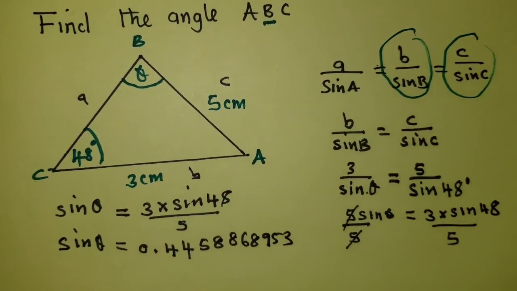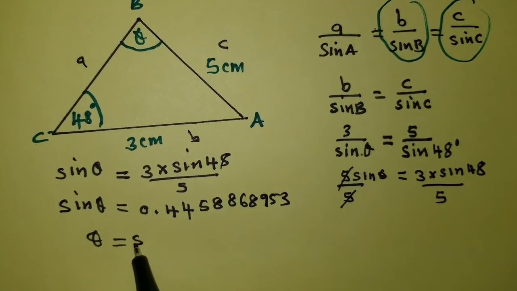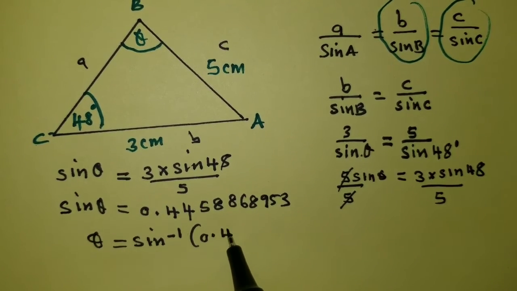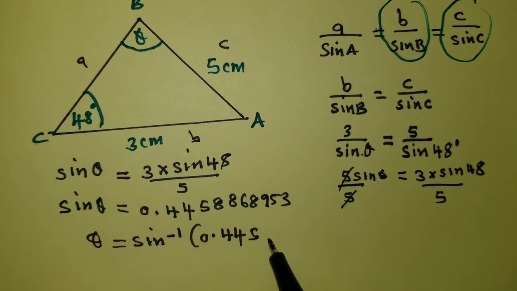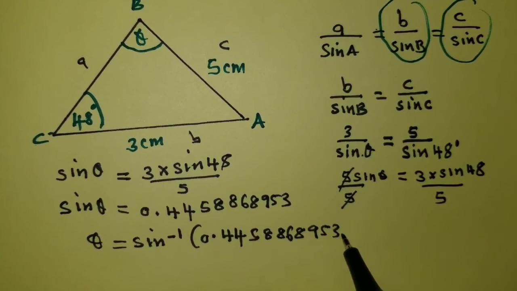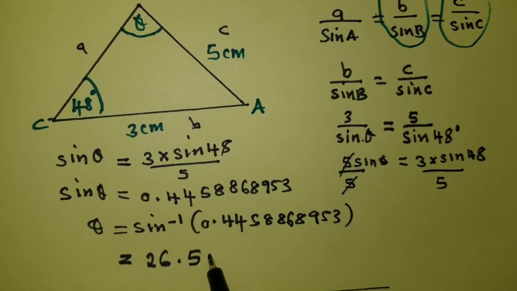So we now calculate the sine inverse. So we shall say theta is equal to sine inverse of 0.445886953. So what are we getting when we punch on our calculator? We are getting 26.5 degrees. So this is an angle.